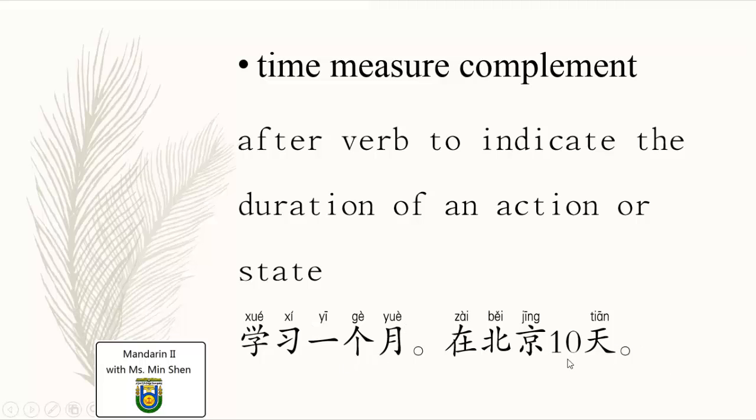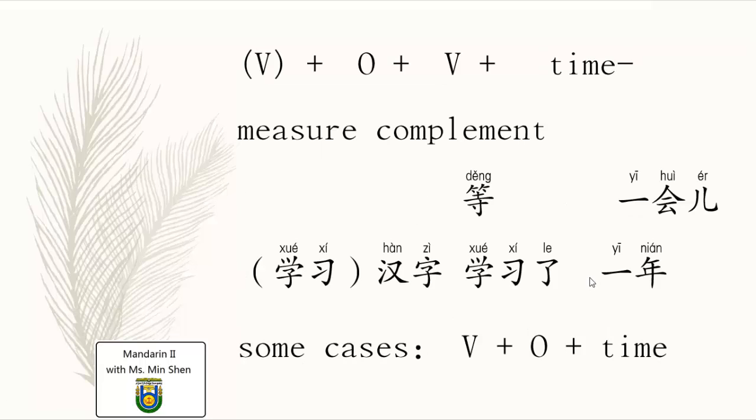Both these two phrases, 1个月, 10天, tell the action 在北京 or 学习 lasts for how long, and they are after these verbs or verbal phrases. So we call them time measure complements, which tell the duration of an action or a state.